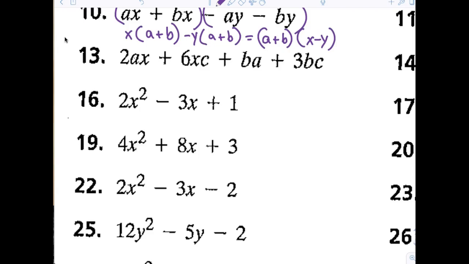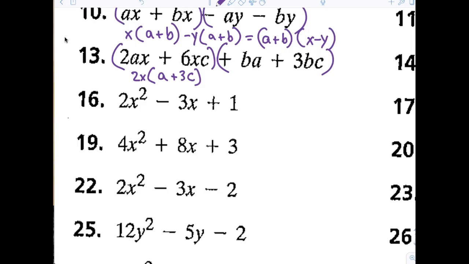Let's everybody try number 13. Let's start by factoring by grouping. So what's common now? A 2x, right? So I'm going to write down a 2x. And what's left? A plus 3c. What's common?